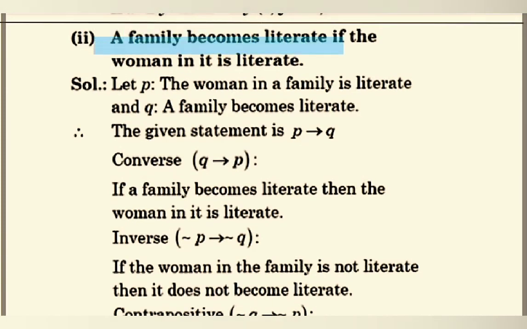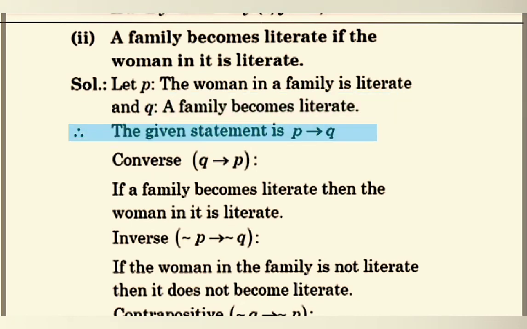A family becomes literate if the woman in it is literate. Let's see the solution. First, P statement: the woman in it is literate, then the family becomes literate. This is the statement. P statement is written down, and Q statement means a family becomes literate.